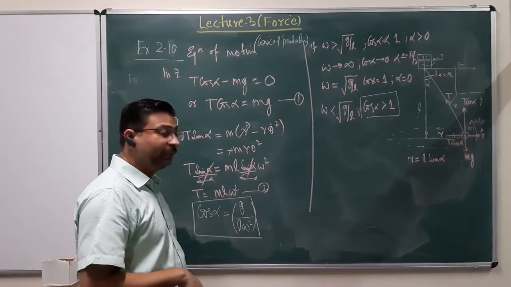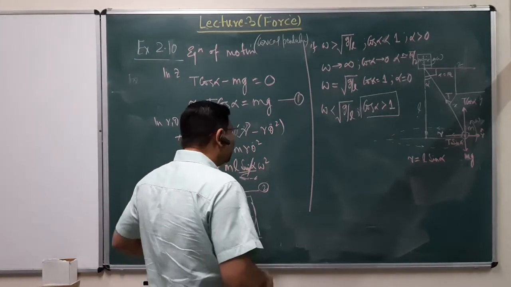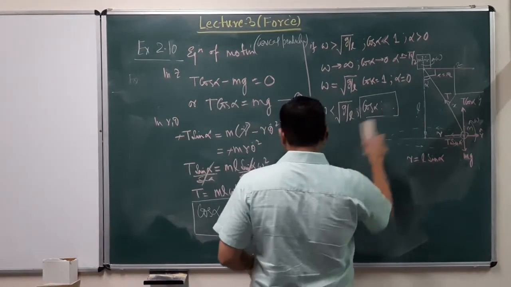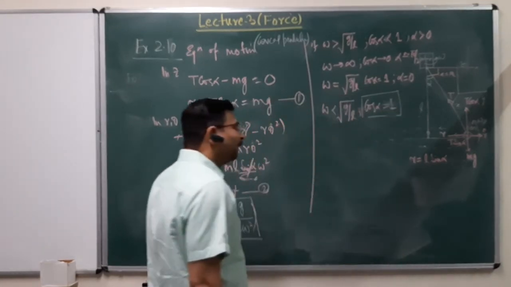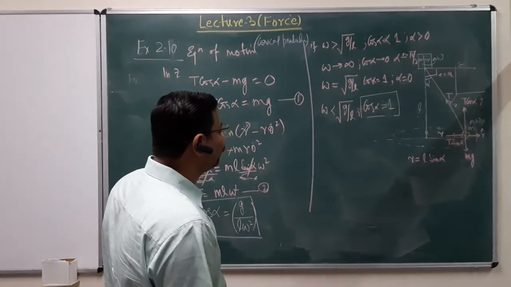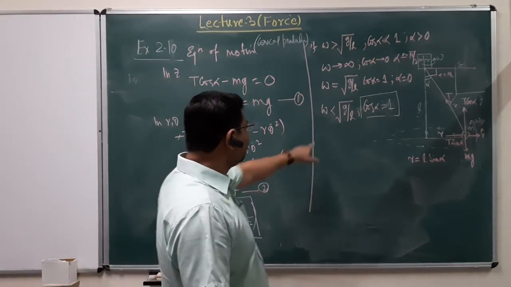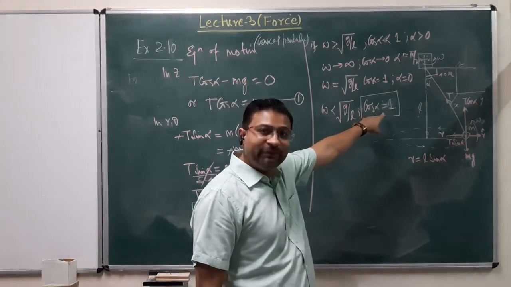Its values are bound between plus minus 1. So it can never exceed 1. All it can do is attain a value of 1, and that's the maximum it can go. So that means for all values of omega less than the square root of g by L, cos alpha will simply be 1.